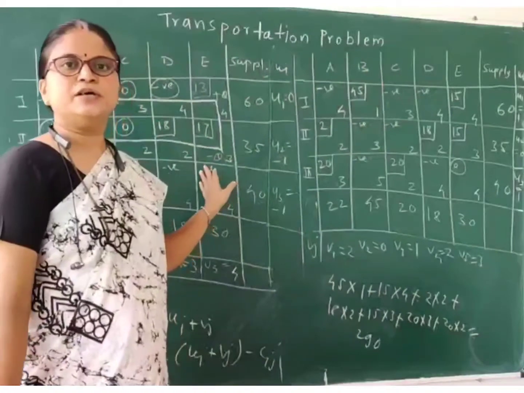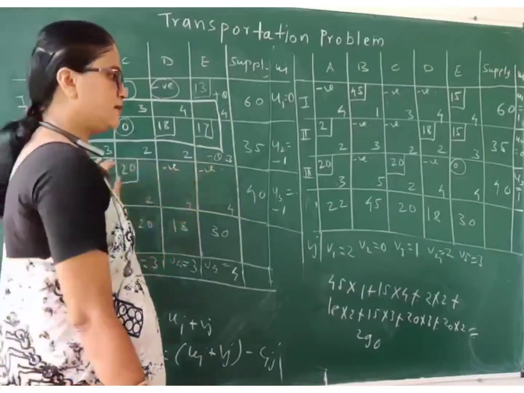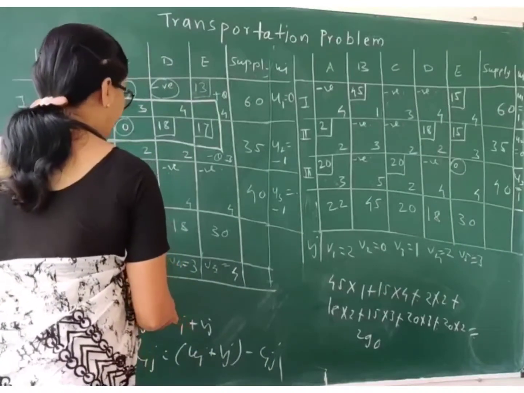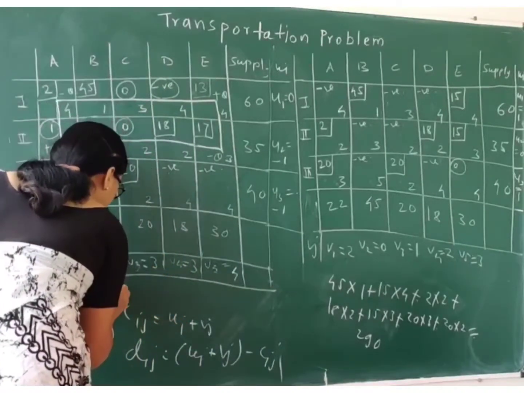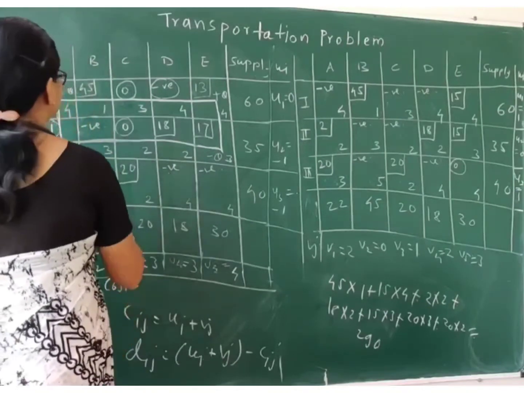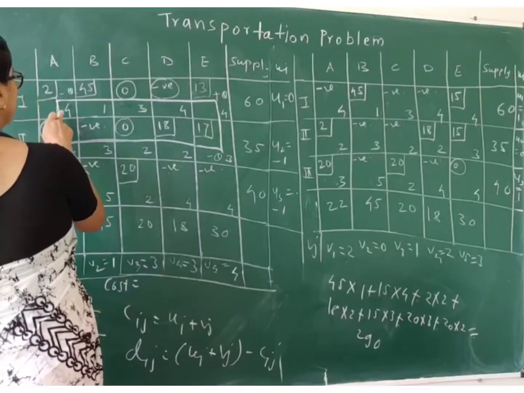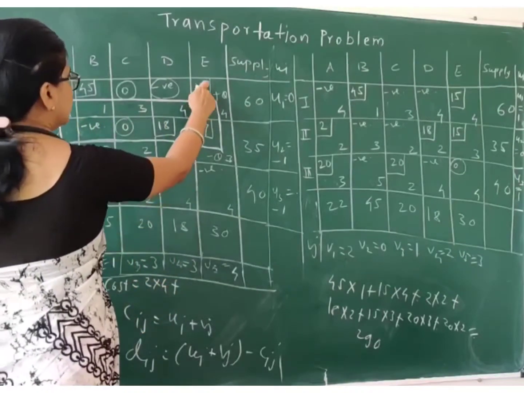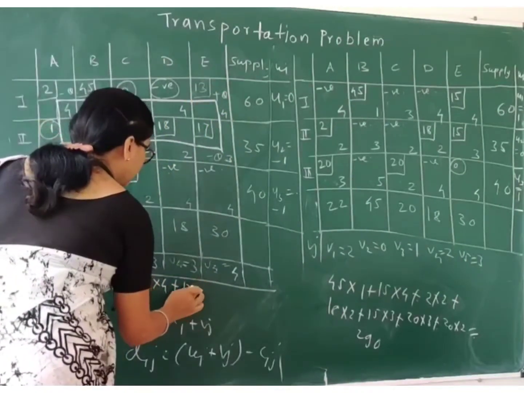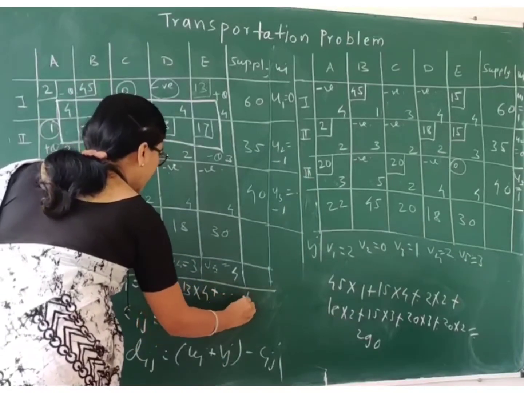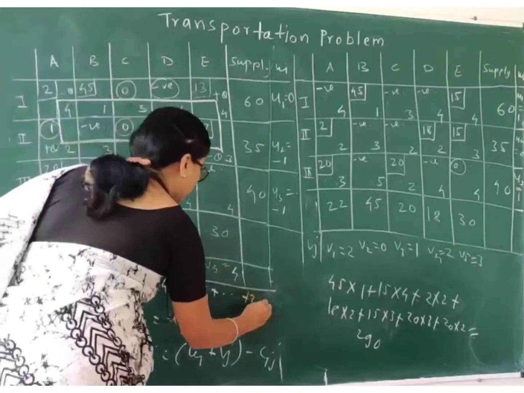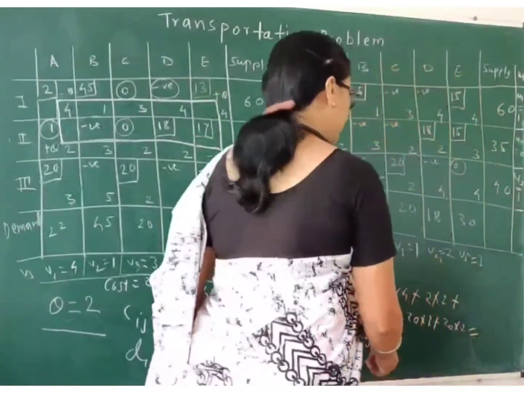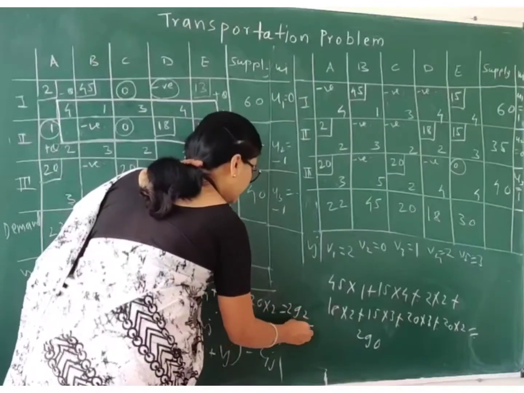For the previous table, we can find the cost as follows. The cost is equal to 2 into 4, plus 13 into 4, and so on up to the last value, 20 into 2, and the cost for this table is 292.